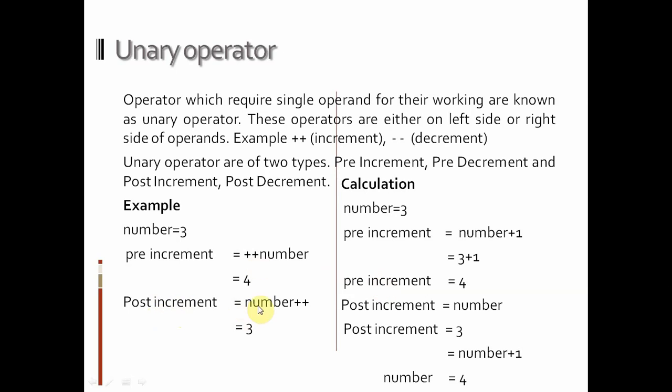Next is post increment. In case of post increment, the operator comes on the right side, and we cannot see the post increment effect on the spot. What will happen here, the number value will go to the post increment, means its initial value 3 will be assigned to the post increment, so post increment will get 3. After that this number will increment by 1 and become 4, but this 4 will not show here.